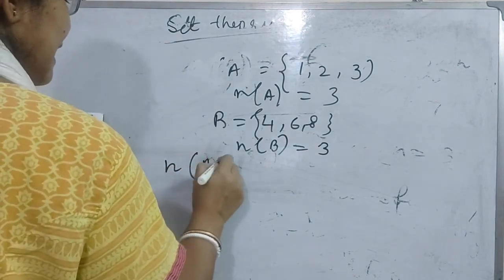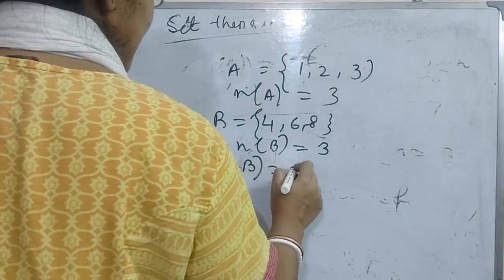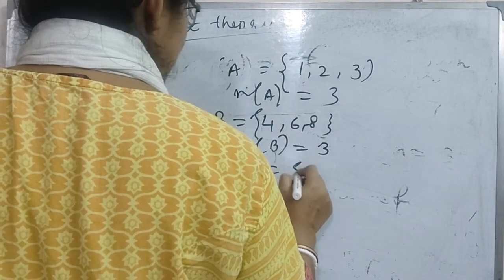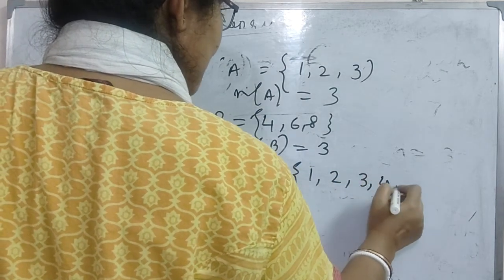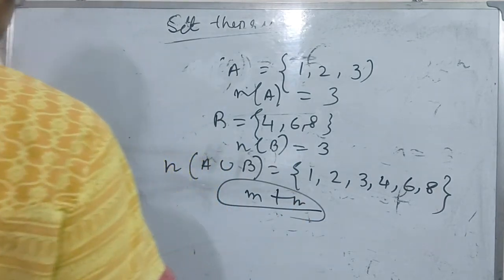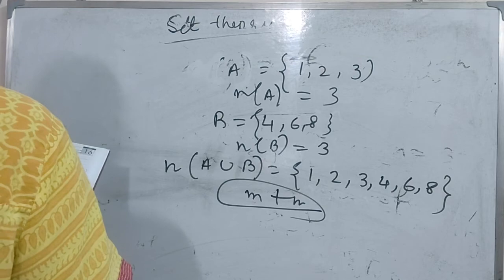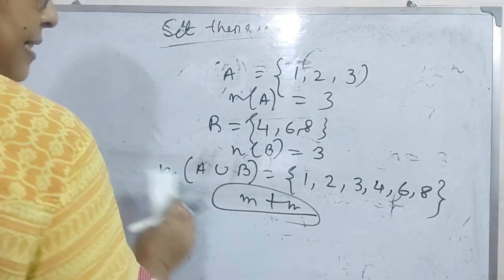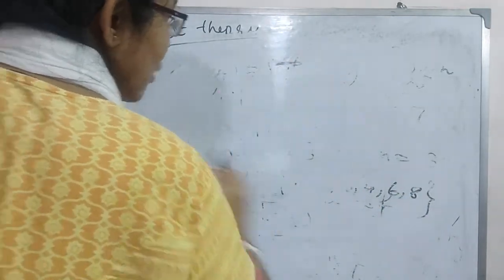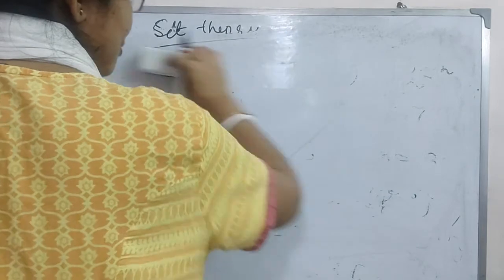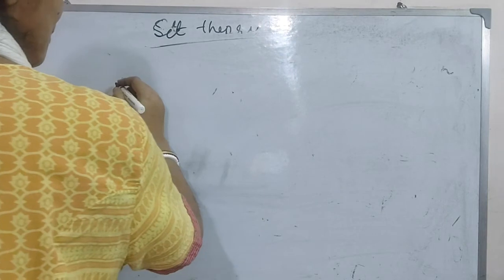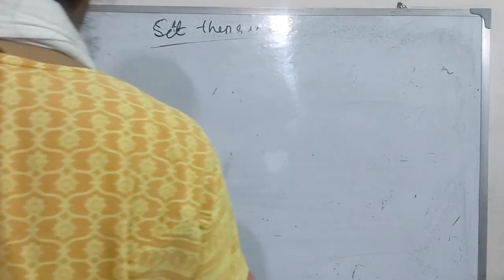So, in A union B, for disjoint sets, this equals 1, 2, 3, 4, 6, 8. That means m plus n. Okay, this is the maximum number, total 6 elements. That means when two sets are disjoint, the maximum number of elements equals m plus n, here equal to 6.